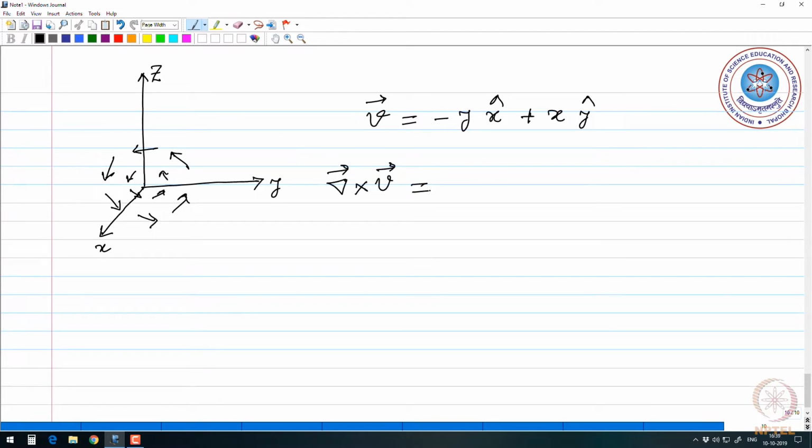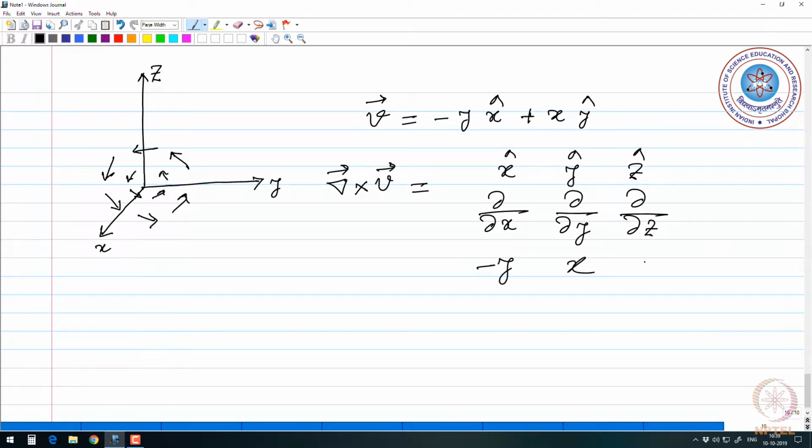this can be given as the determinant x cap, y cap, z cap; del del x, del del y, del del z; minus y is the x component of it, x is the y component of the vector, and the z component is 0.